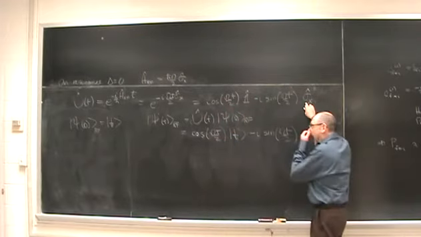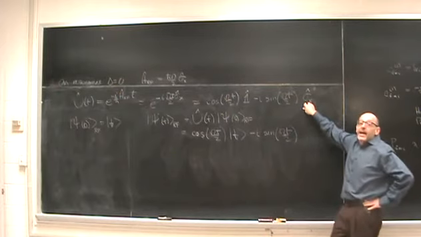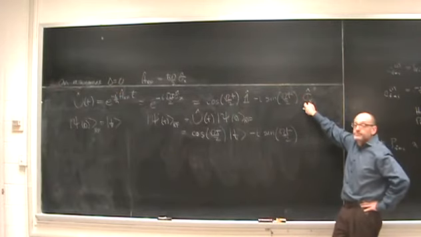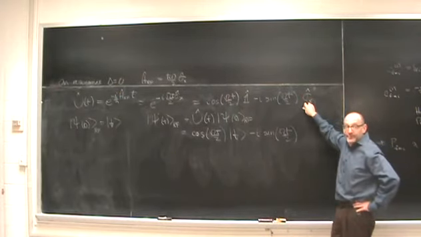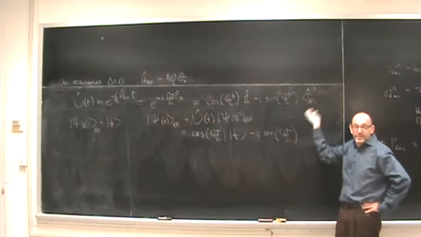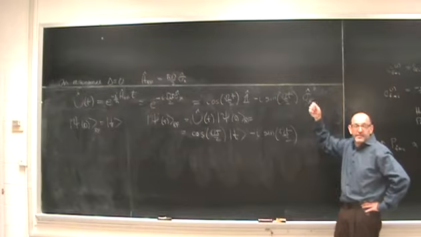And what is sigma x acting on spin down? Spin up, right? Because sigma x is sigma plus plus sigma minus. Sigma minus annihilates sigma plus.